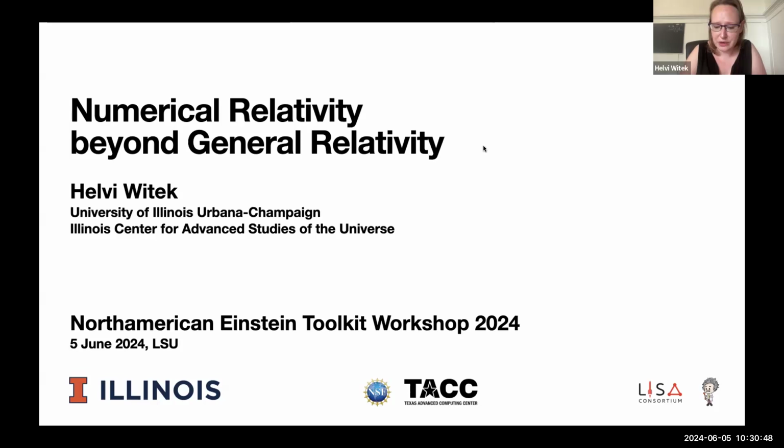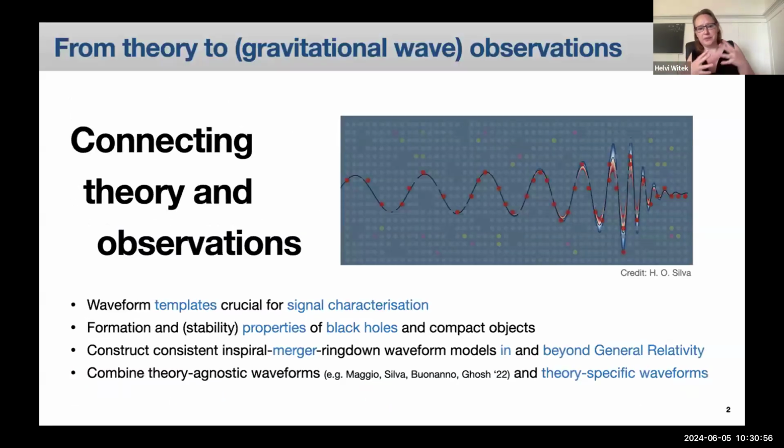Now, if we want to probe for either properties of general relativity or extensions thereof, we typically want to understand very well how, first of all, compact objects and black holes form, which is actually my second item here on the list, what their properties are and if they are stable.